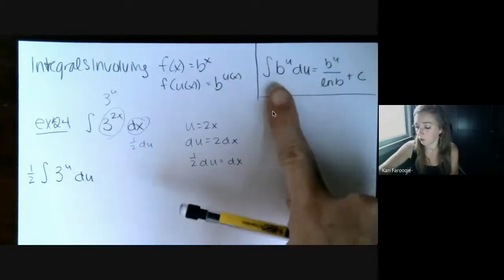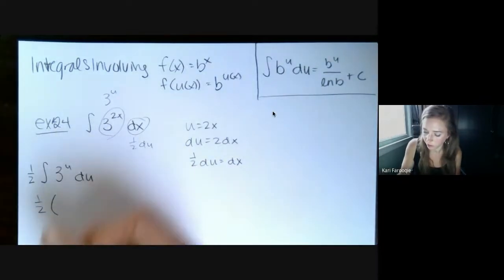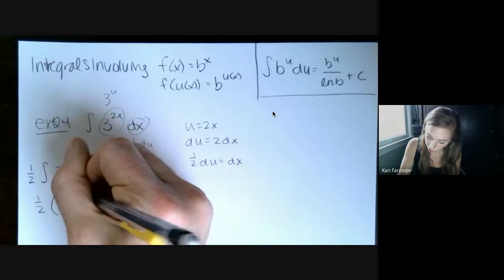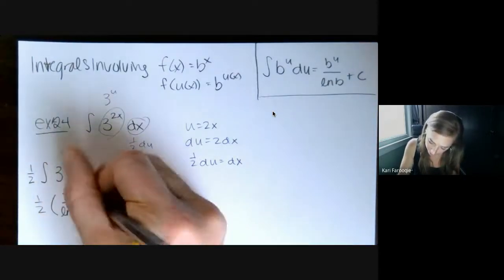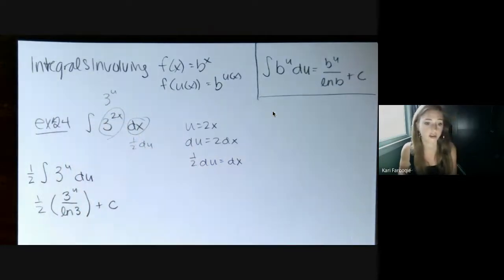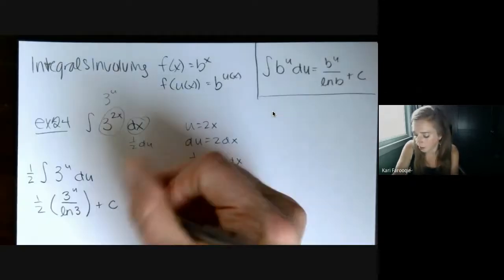So now we're in the form b to the u du. We'll integrate this as 1/2 times 3 to the u divided by ln 3 plus c. We're doing a plus c now because we switched back to indefinite integrals. Don't forget your plus c.